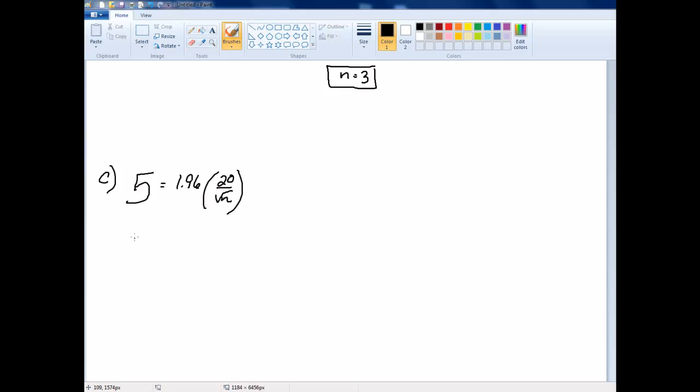So that's n equals 1.96 times 20 over 5, squared. I'm going to do some reducing so I can put less in my calculator. So that becomes 1.96 times 4, because this goes away and that becomes 4. And then that is all squared.